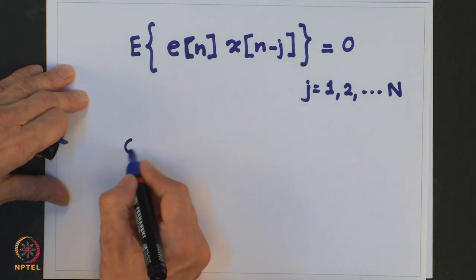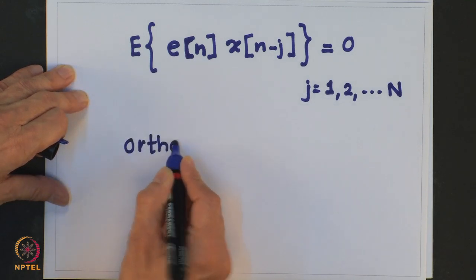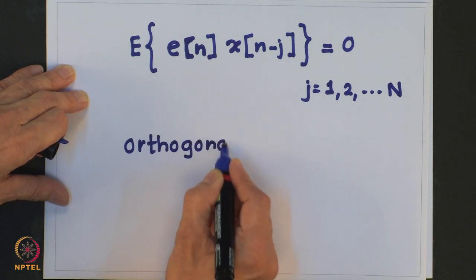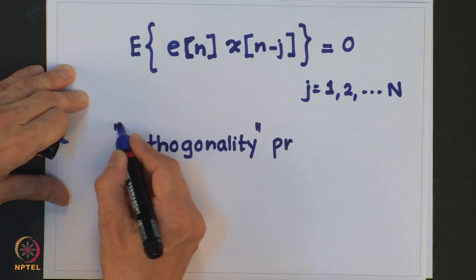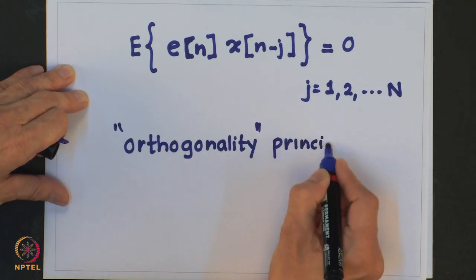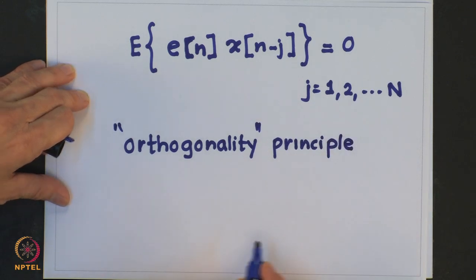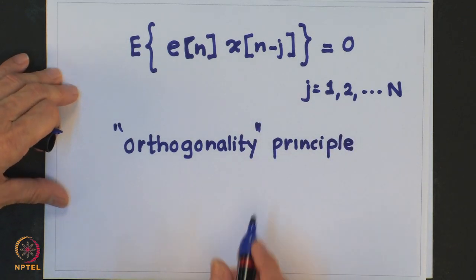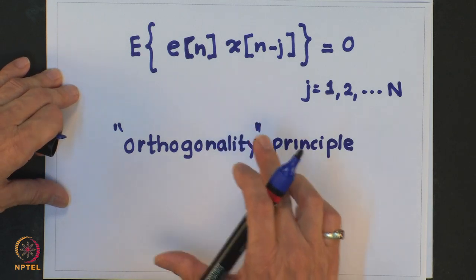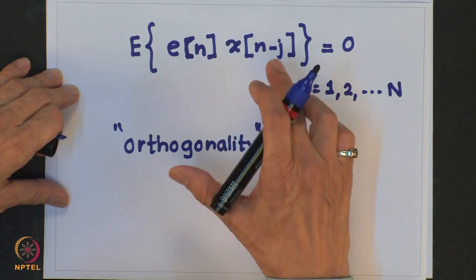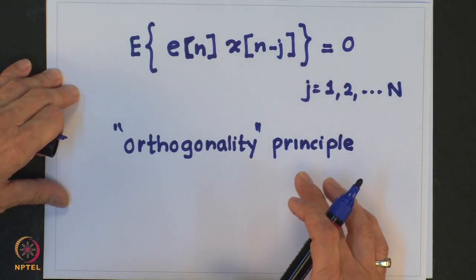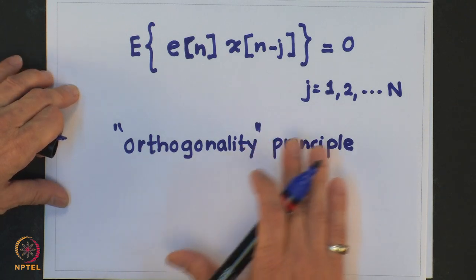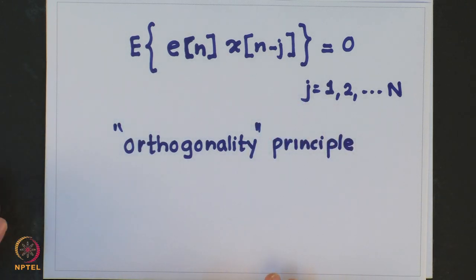This is known as the orthogonality principle. So, whenever the error is orthogonal to the components which are being used for linear prediction, then you will get the minimum mean square error.